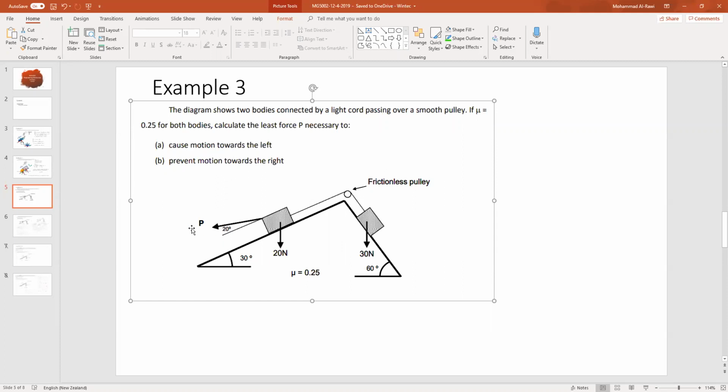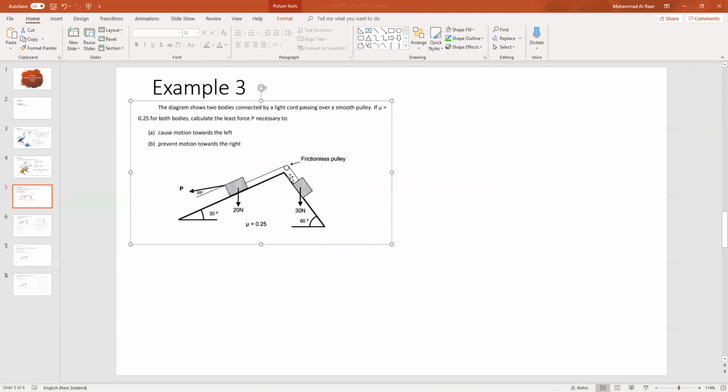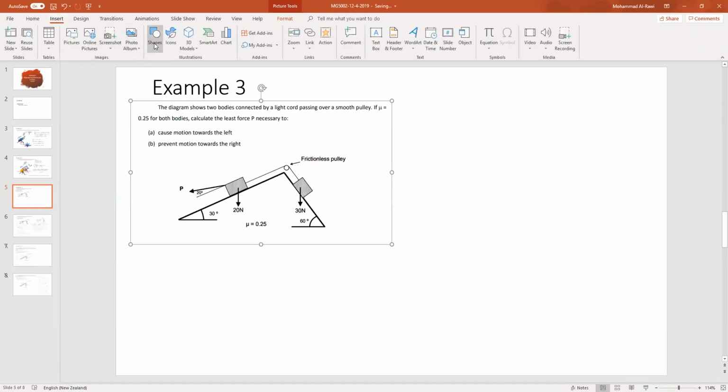So P starts to be stronger than the 30, and using the gravity acceleration for the 20, both of them should move towards left. So the base idea is to start with the 30 newtons free body diagram and find the T, and then you move towards that, and then you find the value for P. Similar to what we did, but now in a different direction.